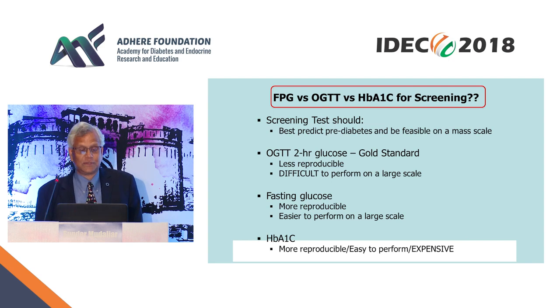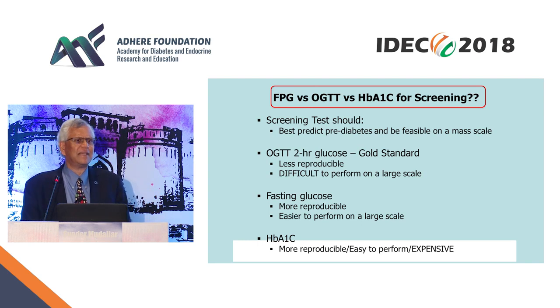Which test should you use? Well, a screening test should best predict diabetes and be feasible on a large scale. There's no point of having a very sophisticated test if it costs so much money that you cannot do it on a large scale. The OGTT is still the gold standard, but it is less reproducible, and a lot of people don't realize this.